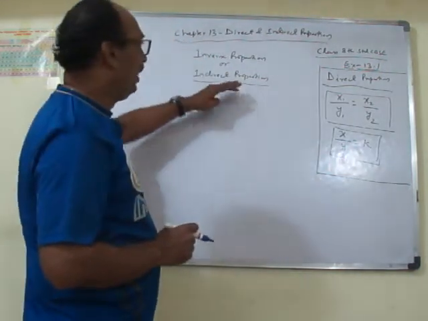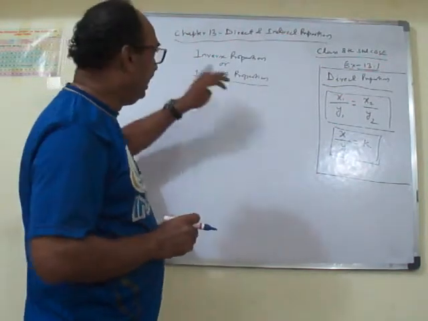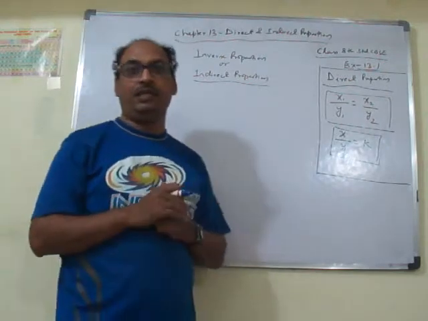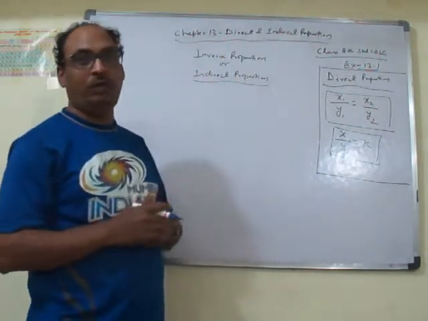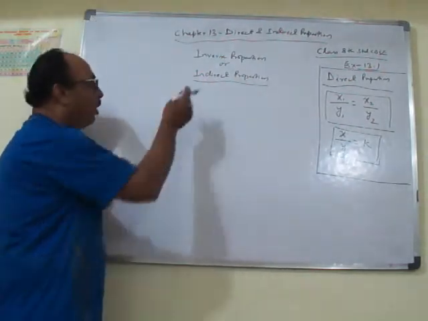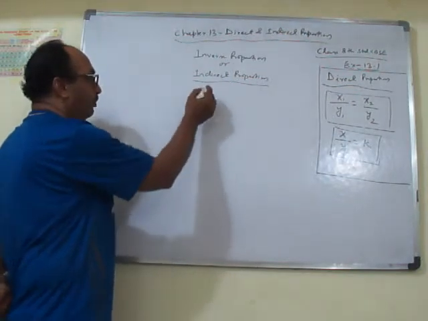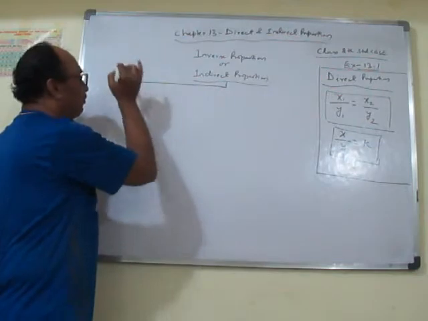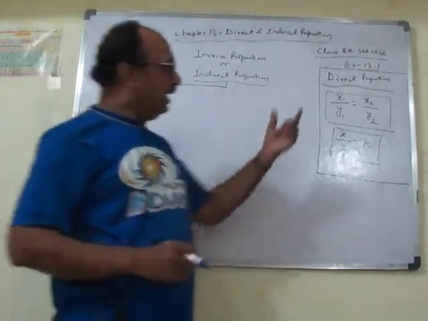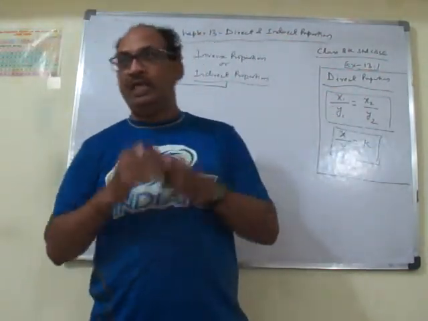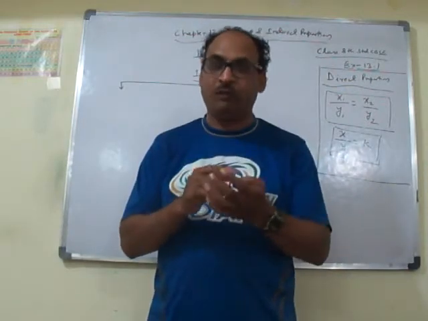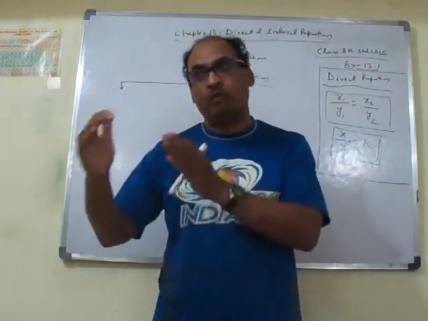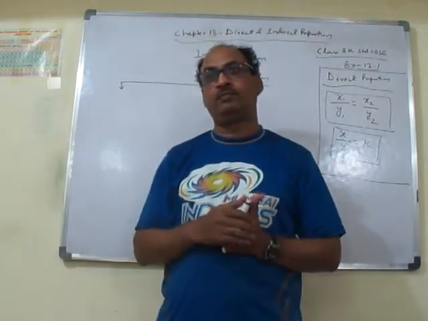Now, today we are going to discuss indirect proportion, and we will be solving questions related to exercise 13.2. So what actually is indirect proportion? In direct proportion, if one quantity is increasing, the other quantity is also increasing.